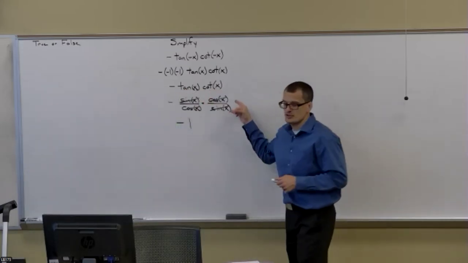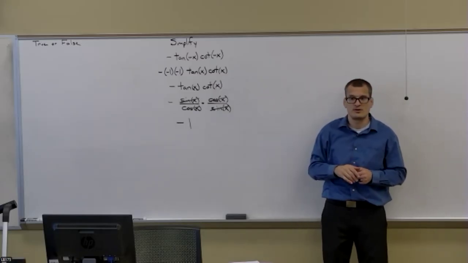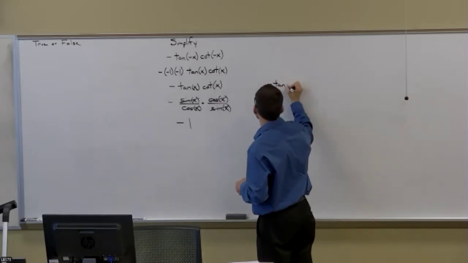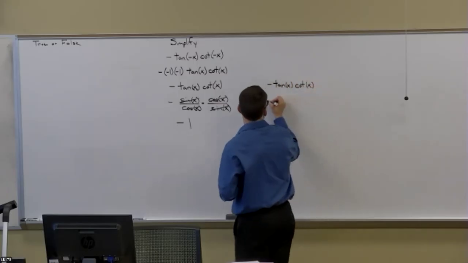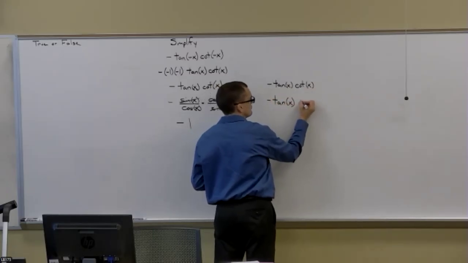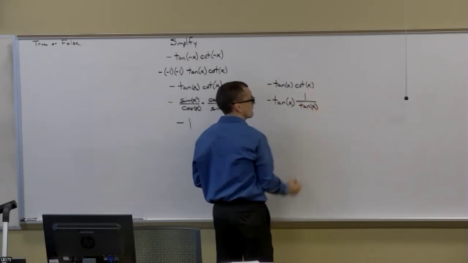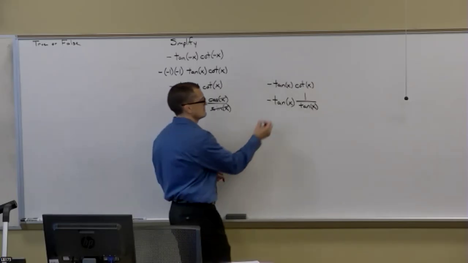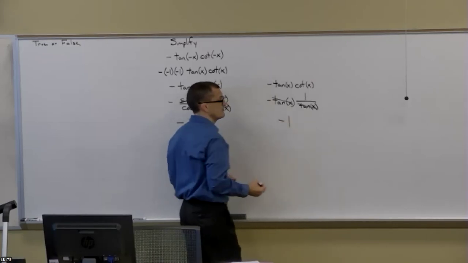Now, this is using the quotient identities for tangent and cotangent. Right? If someone else said, I want to take negative tangent of x times cotangent of x, and I want to use the reciprocal identity on cotangent, they would have also canceled out, although they would have canceled out tangents and ended up with a -1.